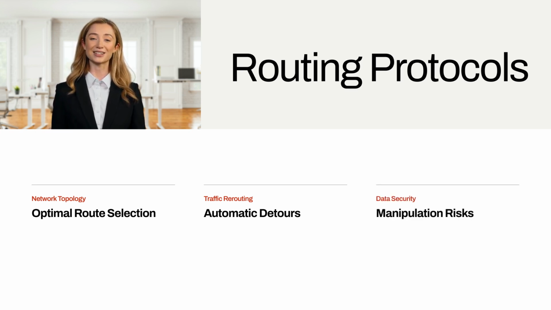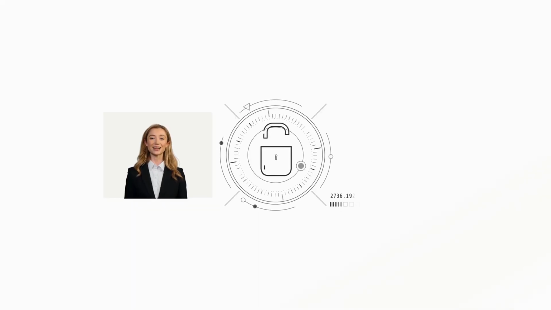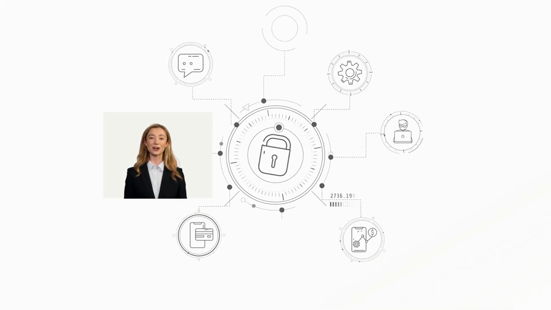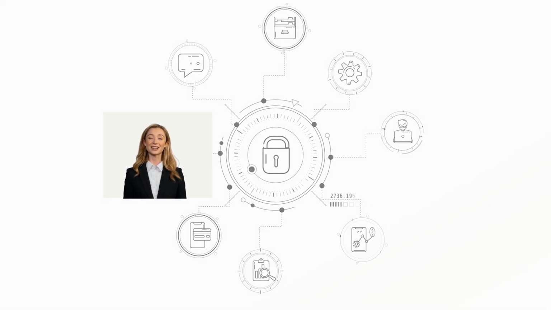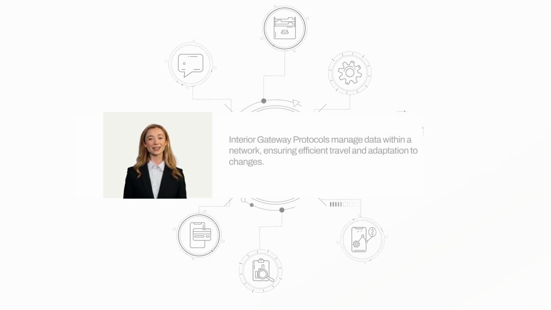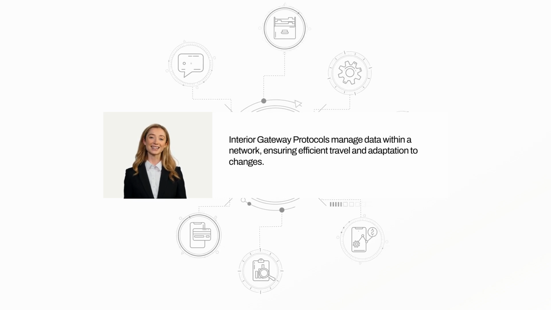There are two types of routing protocols we need to know about: interior gateway protocols, IGPs, and exterior gateway protocols, EGPs. IGPs are like local traffic cops, managing how data moves within a single network or organization. Examples include OSPF, which stands for Open Shortest Path First, EIGRP, Enhanced Interior Gateway Routing Protocol, and ISIS, Intermediate System to Intermediate System.